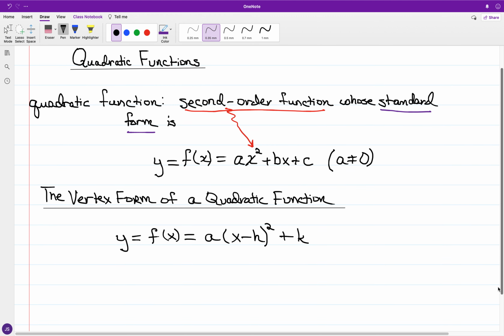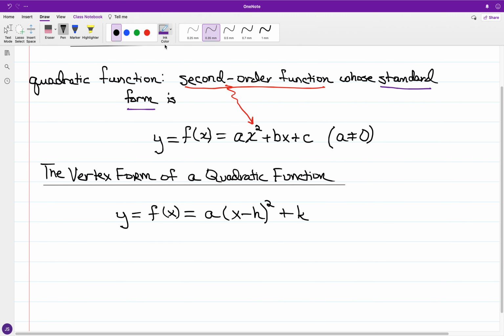And first of all, for the defining features of the vertex form of a quadratic function, the leading coefficient is a. There are some things about a, the significance of this. Now a is non-zero in value. a is a real number, and it could be either positive or negative.